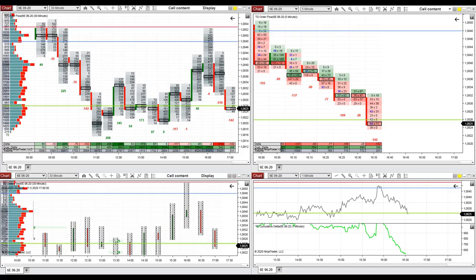There are selling imbalances. Delta is dropping. More sellers jumping in.